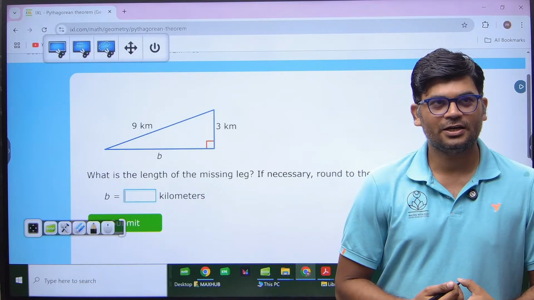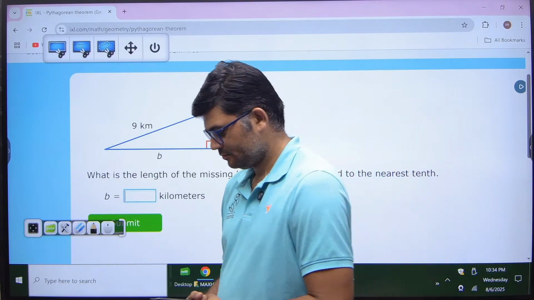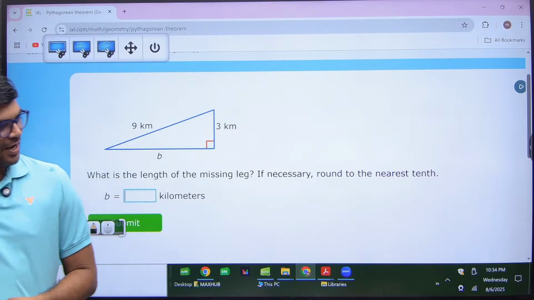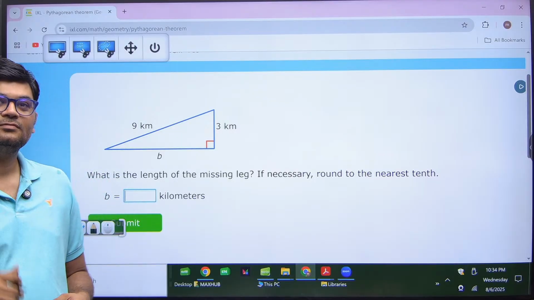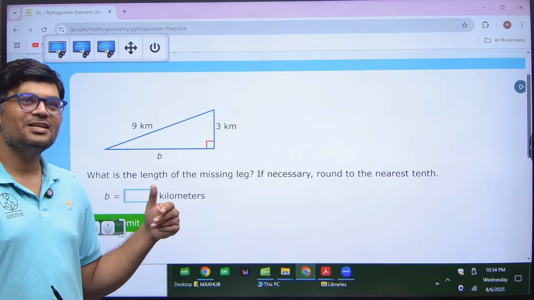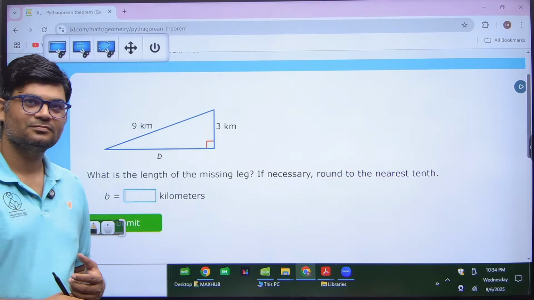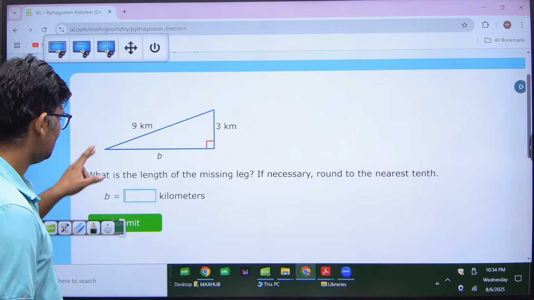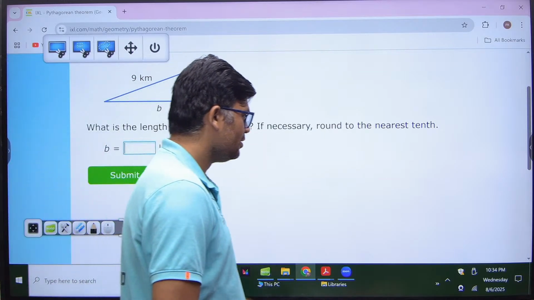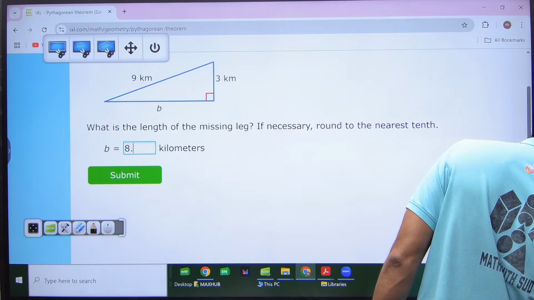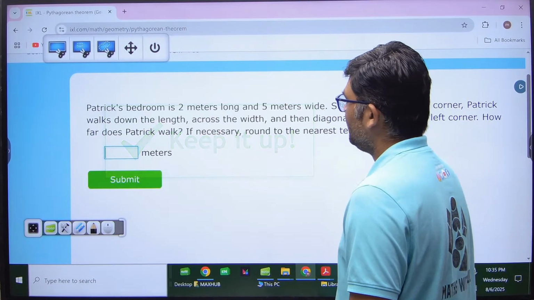So what is under root 72? Tell me. It is 8.5. Okay. And what is the next number after 8.5? It's 8.4852. So 8.5. Yeah. Keep it up.